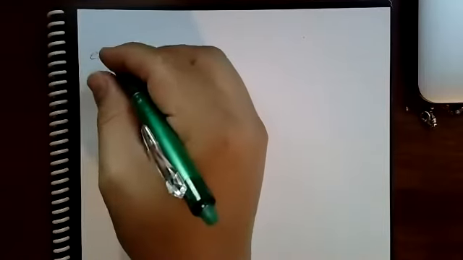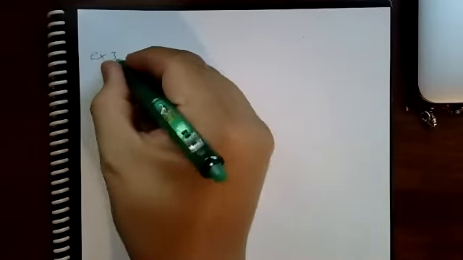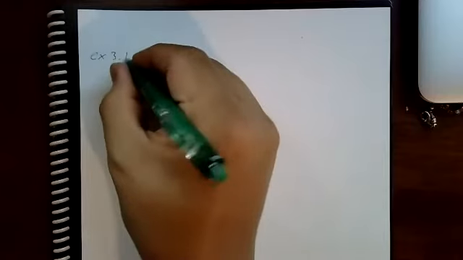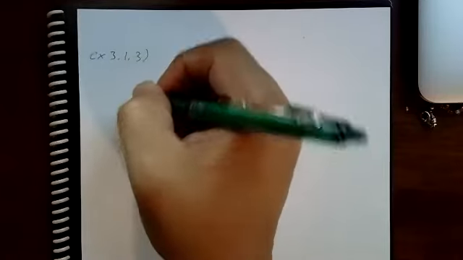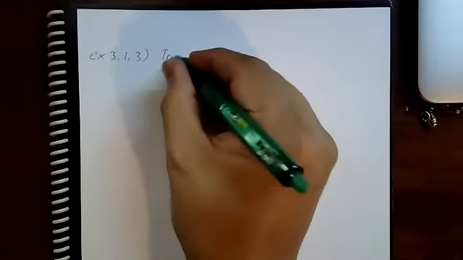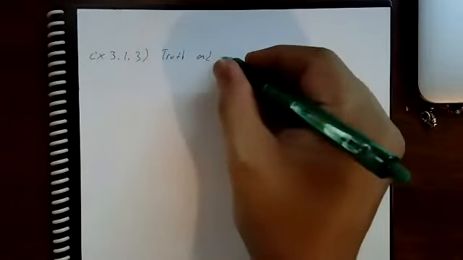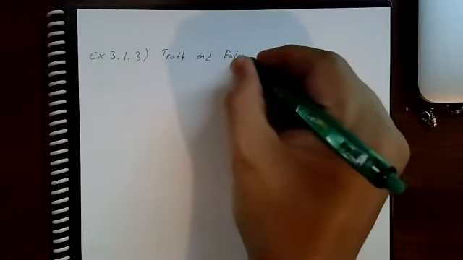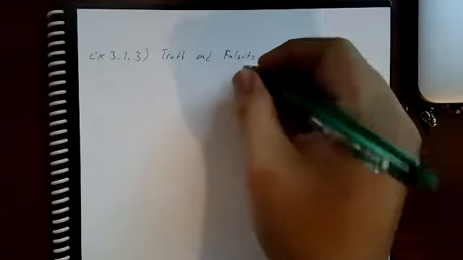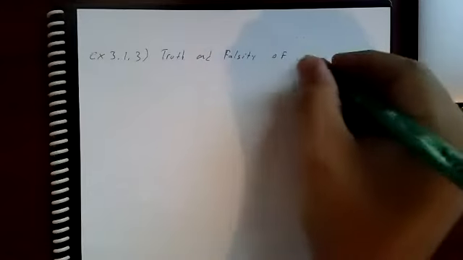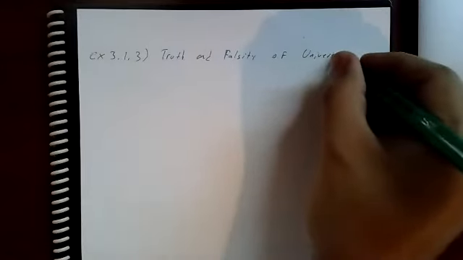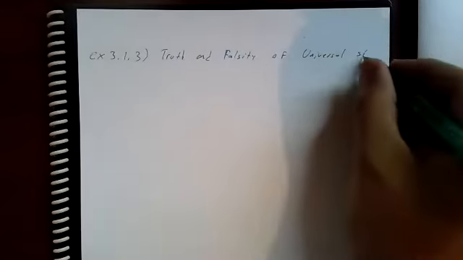It's example 3.1.3, truth and falsity of universal statements.